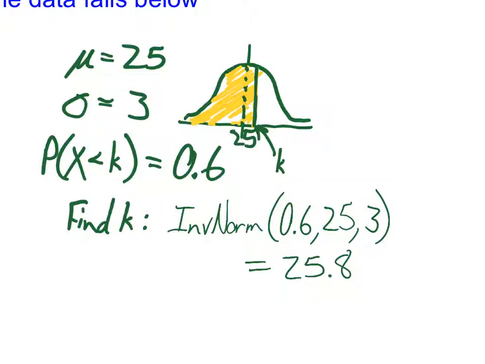Now, make sure that your answer makes sense. If k were at 28, then the percentage would be about 84, because that's one standard deviation above. If it were at 25, the percentage would be 50%. So I know I'm between 25 and 28.